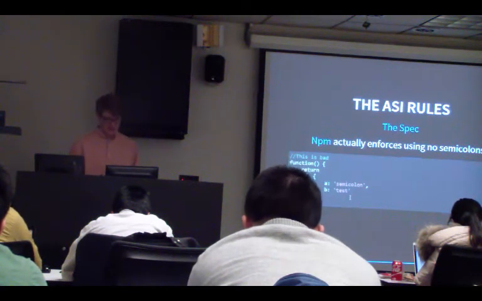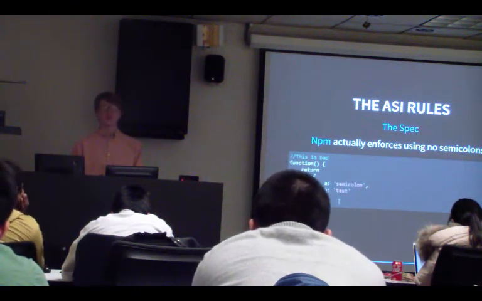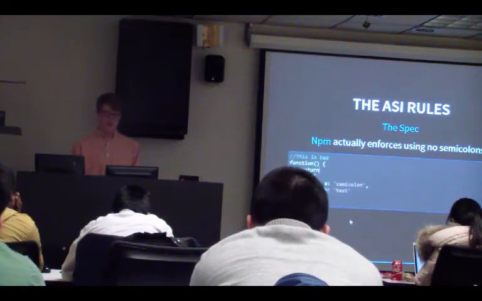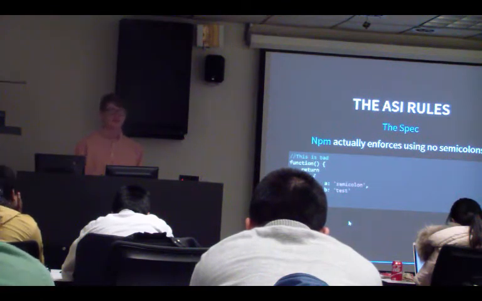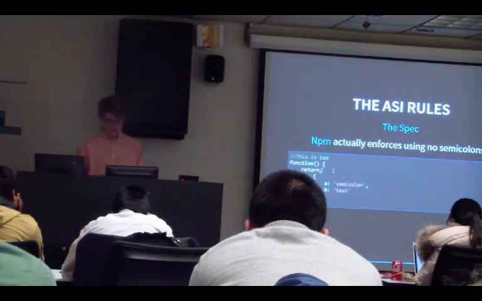So if we actually run this, what it's going to return is undefined. And I don't mean like it's undefined, I mean it's actually going to return the value undefined. Because what happens is it inserts a semicolon here.